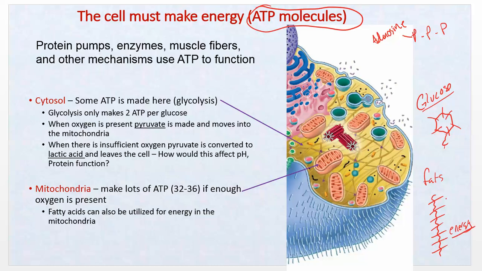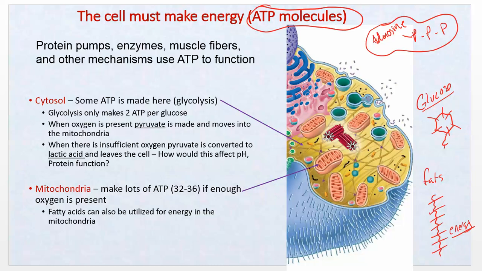But then how do we store it? We store it in this nice little, and it's a fairly small little molecule, and it takes one step. Okay, to get the energy from glucose, it takes about 20 to 30 steps to do it, and it takes a while. You can get a lot of energy out of it, but it takes a while.